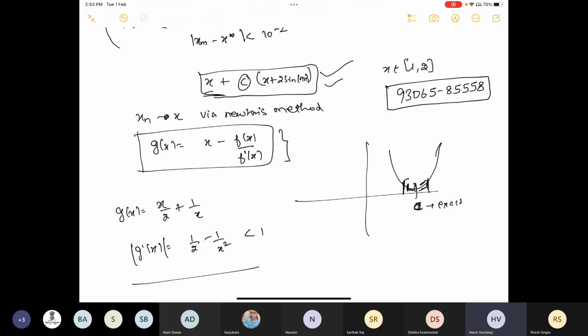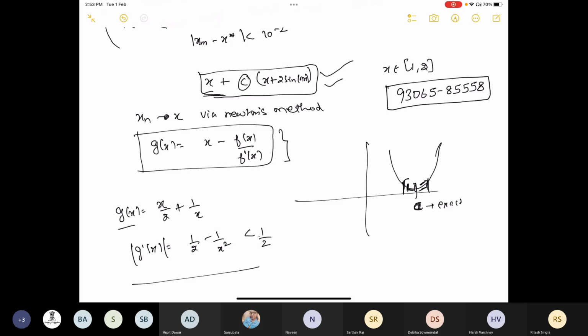Sir, if we are using the monotone convergence theorem, then we should not care about the initial guess. Yes, you shouldn't. But I'm saying that when you are given such a question, with x1 equal to something, and you are doing a numerical analysis paper, the first thing which comes to your mind might be the fixed point iteration theorem. So for that you can start with this g x. You can definitely apply the monotone convergence theorem. You just have to prove that this function is monotone and bounded, right?